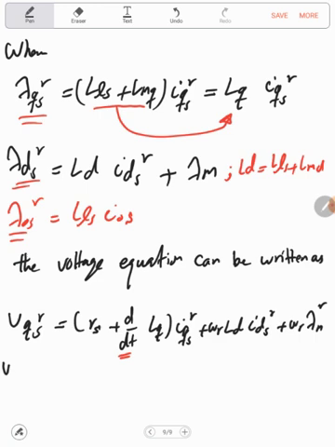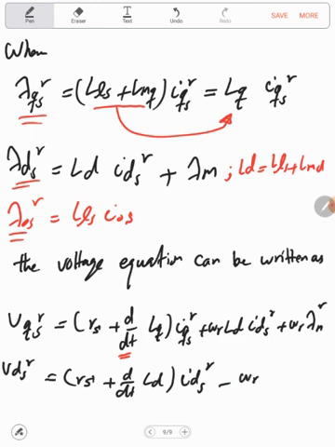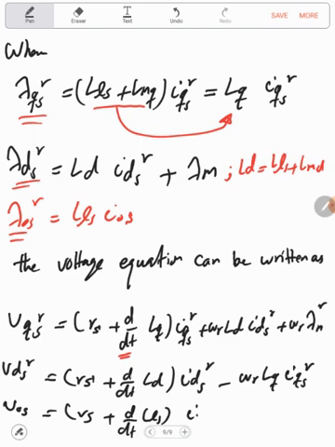Now VDSR will equal RS plus d by dt of LD, times IDSR, minus omega R LQ IQSR, and finally V0S will equal RS plus d by dt of LLS, times I0S.